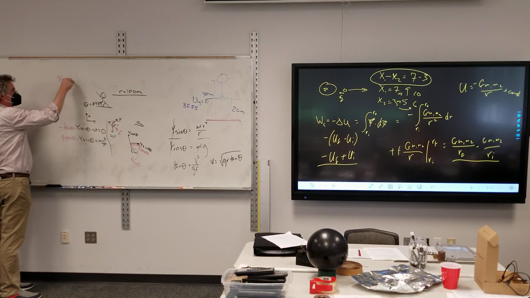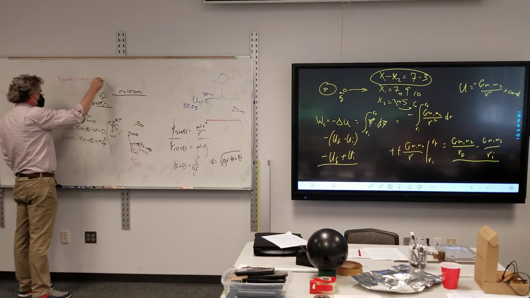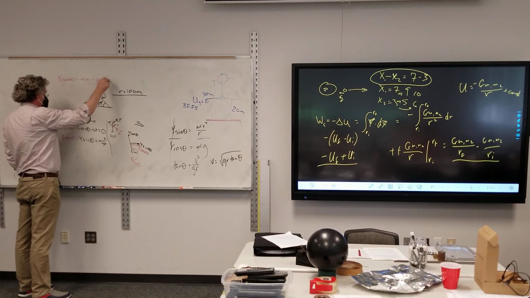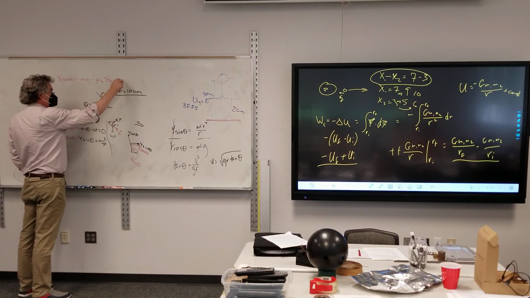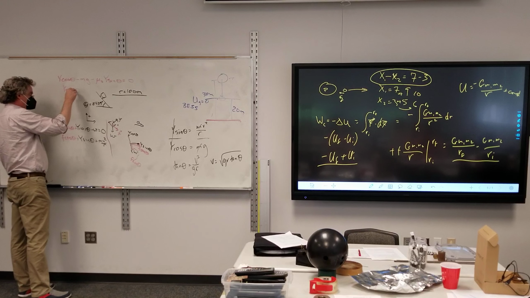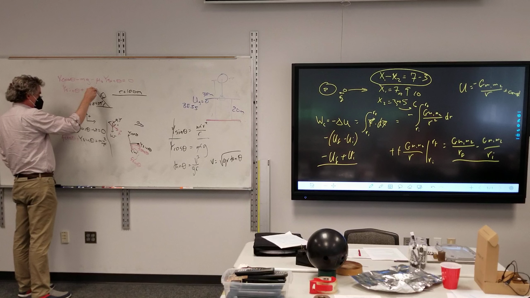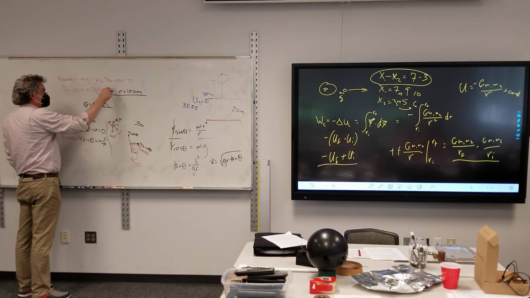So, y cosine theta minus mg minus mu s y sine theta equals 0, and then y sine theta plus mu s y cosine theta equals mv squared over r.